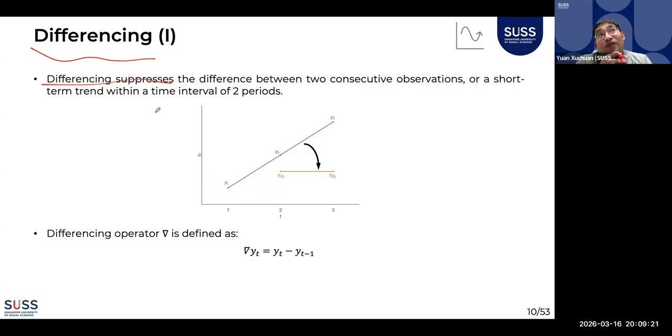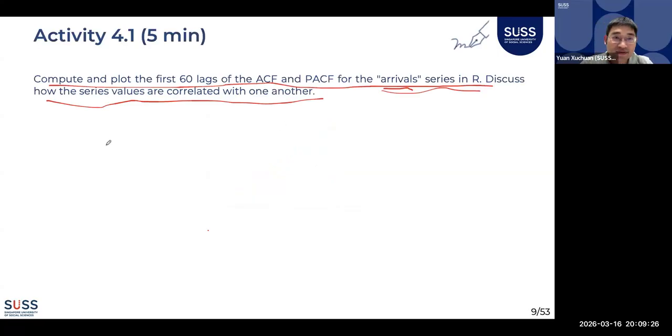You can see Y_t. Maybe I write here. Y_t, when you fit an AR(1) model, equals a constant plus phi_1 Y_{t-1} plus epsilon_t. This is just an illustration.